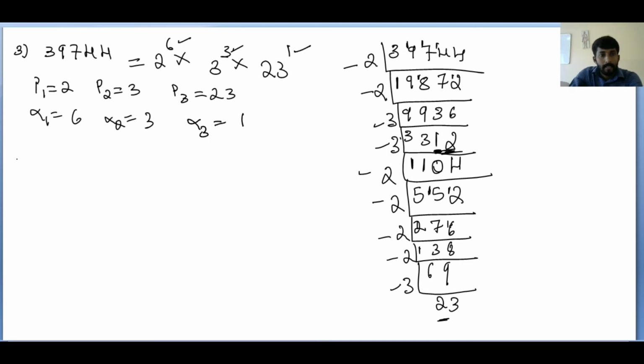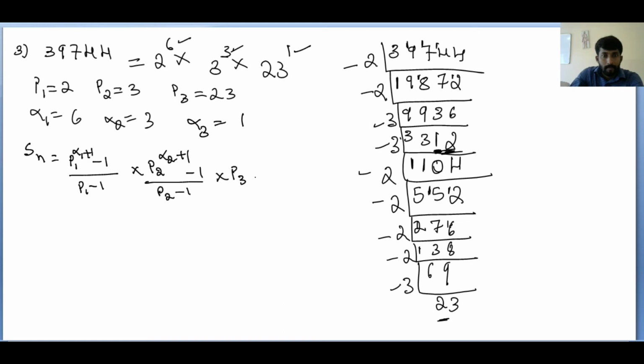Okay, then write the Sn formula. Sn is equal to P1 to the power alpha 1 plus 1 minus 1 by P1 minus 1 into P2 to the power alpha 2 plus 1 minus 1 by P2 minus 1 into P3 to the power alpha 3 plus 1 minus 1 divided by P3 minus 1.